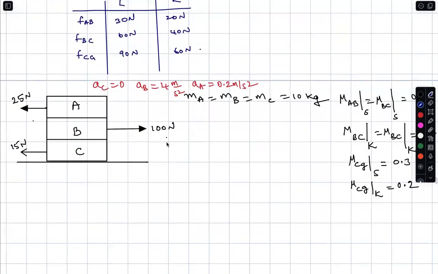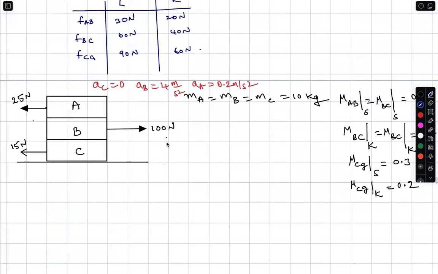What could be the maximum force of friction between B and C? Across B and C, maximum possible friction is 60. Maximum possible friction between C and ground is 90. Now tell me, will C move by any chance? No. So therefore, I am cheating. I am not following the regular process.